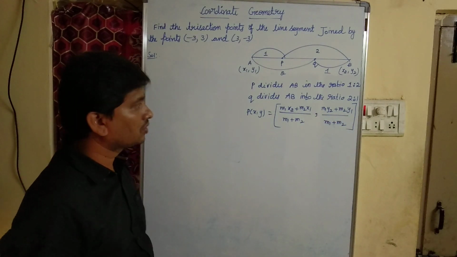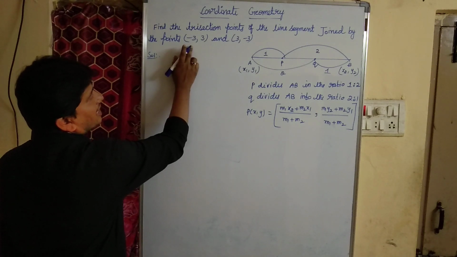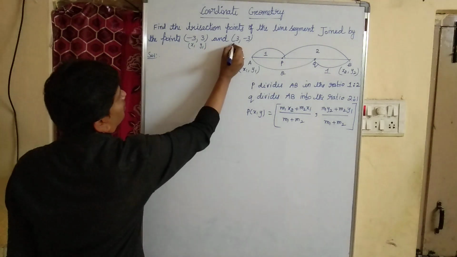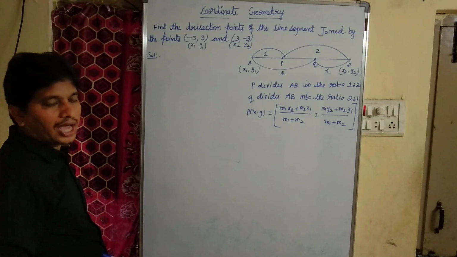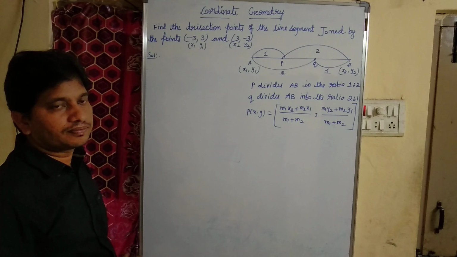Okay children? So as it is given, trisection, line segment joining points are -3, 3, this is x1, y1, and this is x2, y2. As in trisection, I mean 2 points divide line segment AB. Okay.